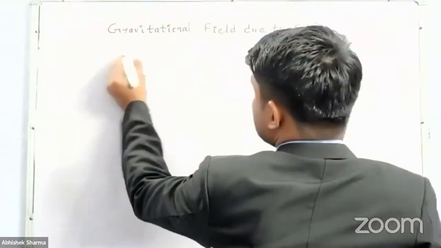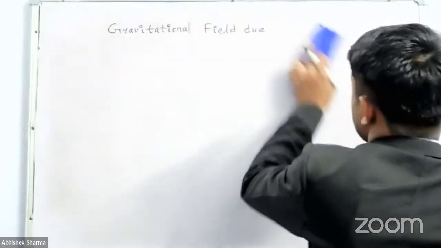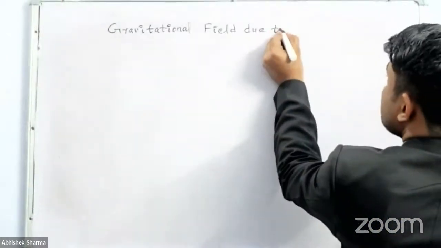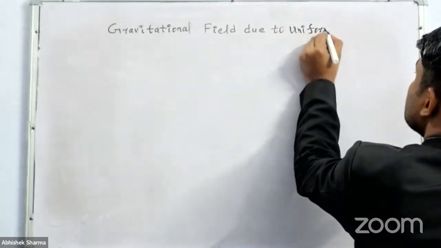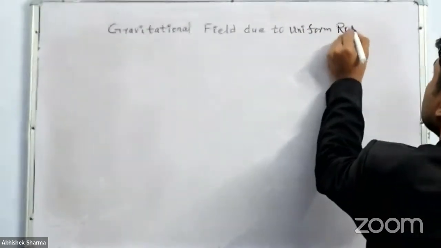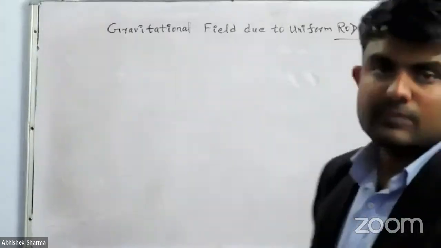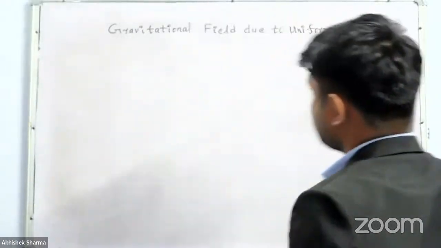At first we'll see the gravitational field strength due to a uniform rod. So we are having a uniform rod, mass capital M. So let's find the gravitational field strength.